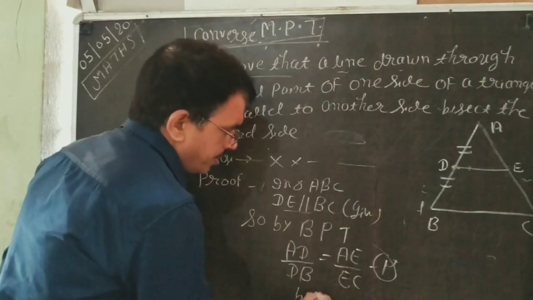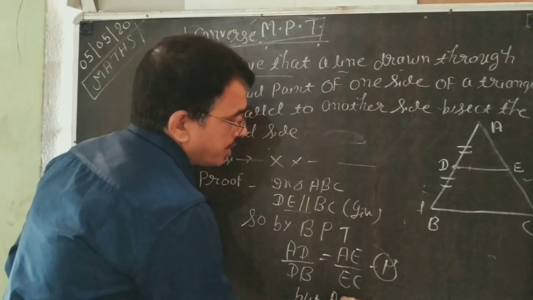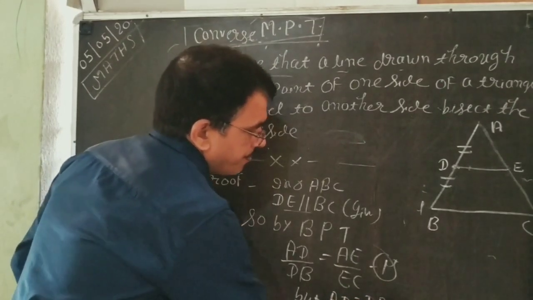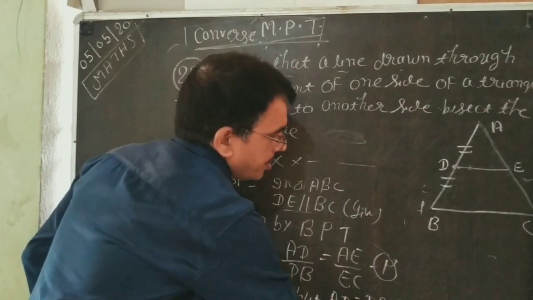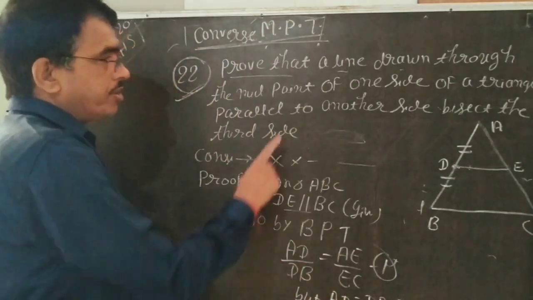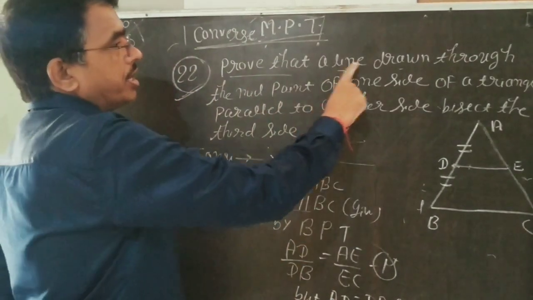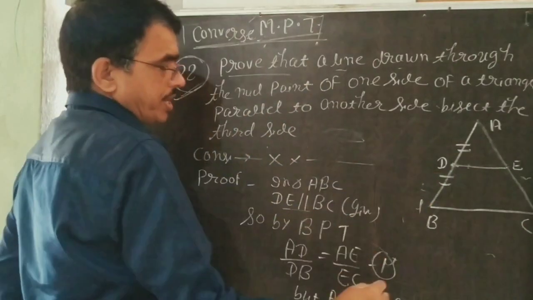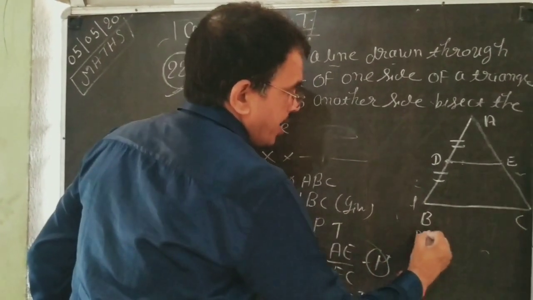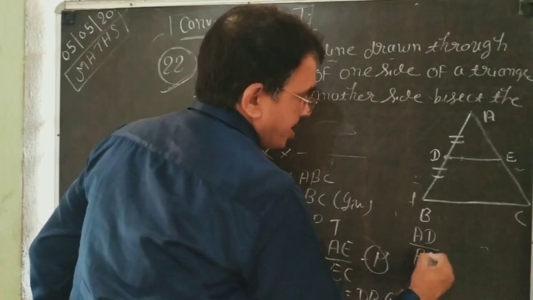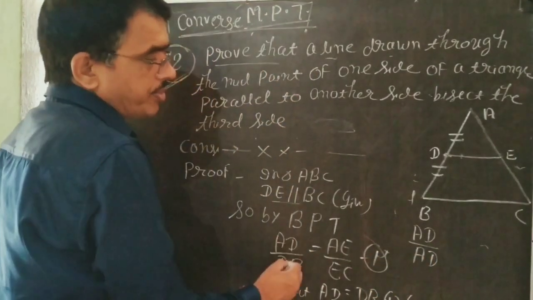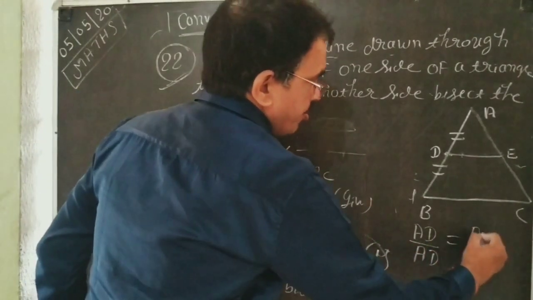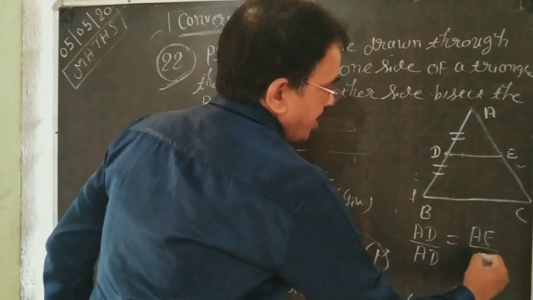But AD is equal to DB, it is given in your question, that a line through the midpoint of one side, that means AD is equal to DB. Hence you write AD by AD, because AD and DB are both equal, is equal to AE by EC.